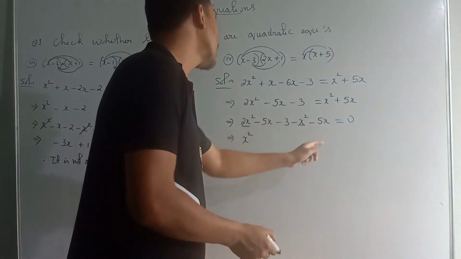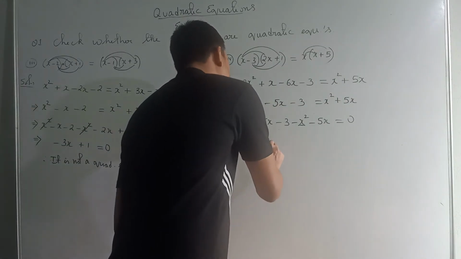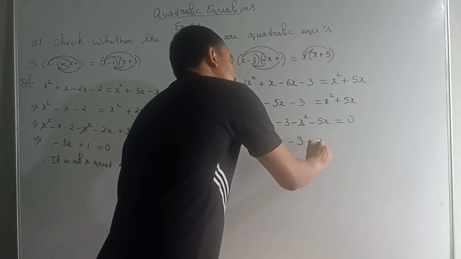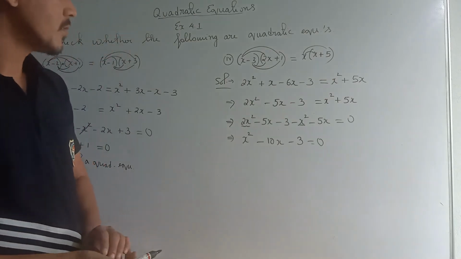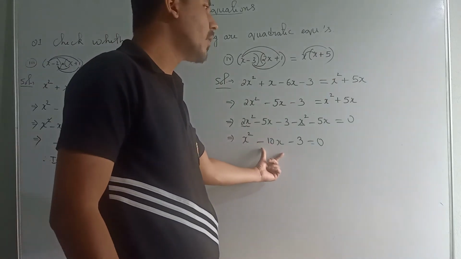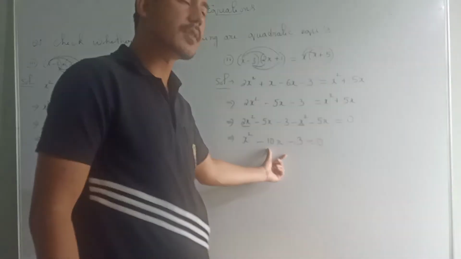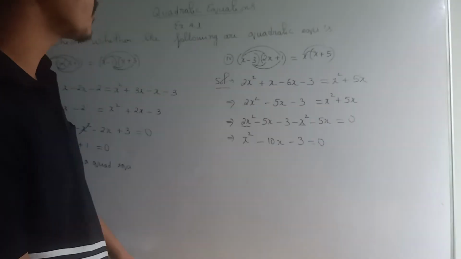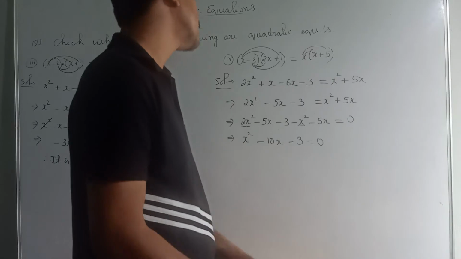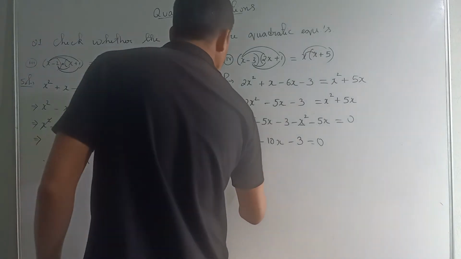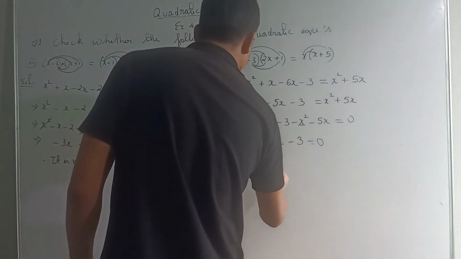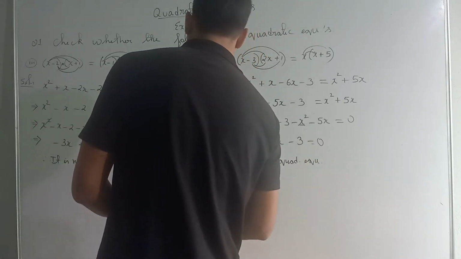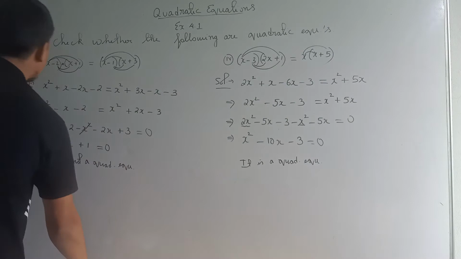Minus 5x minus 5x gives you minus 10x, and then we have minus 3 equal to 0. Now since the highest power of the variable in this equation is 2, the order is 2, the degree is 2, so this equation is a quadratic equation. Alright?